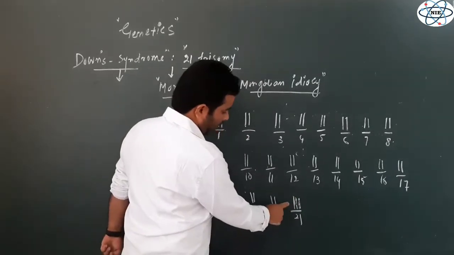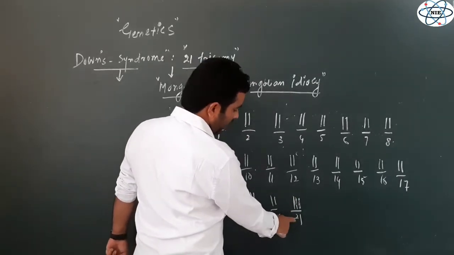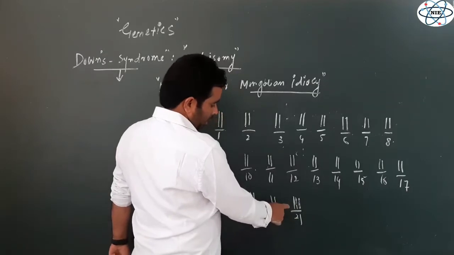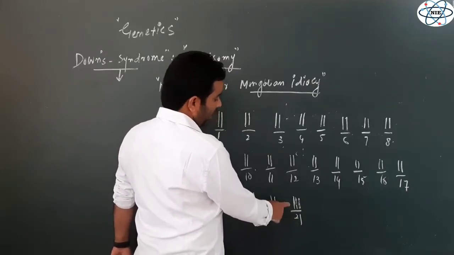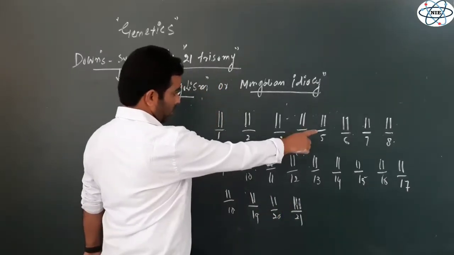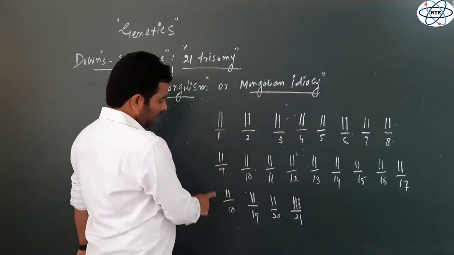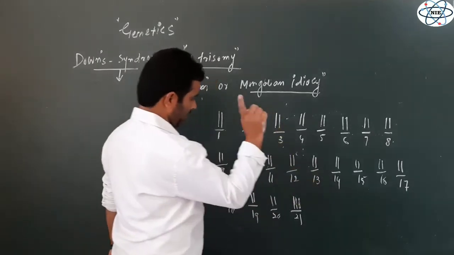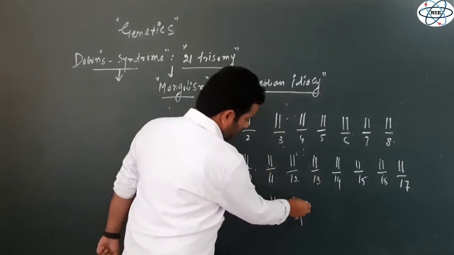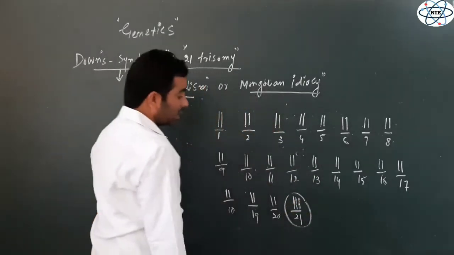So here is the problem. That is, 21 is present 3 times instead of 2. You can see all the other chromosomes, whether it is chromosome number 1, or, for example, chromosome number 9 or 18, they all exist in 2 copies. But chromosome number 21 in this individual is present 3 times.